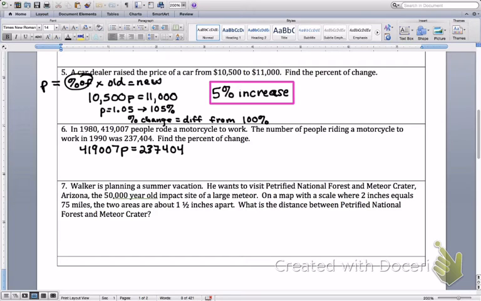237,404 divided by 419,007. So we get P is equal to 0.566, so I'm going to round it to 0.57. Converting that, it's 57%. Since that is less than 100, we see a decrease.